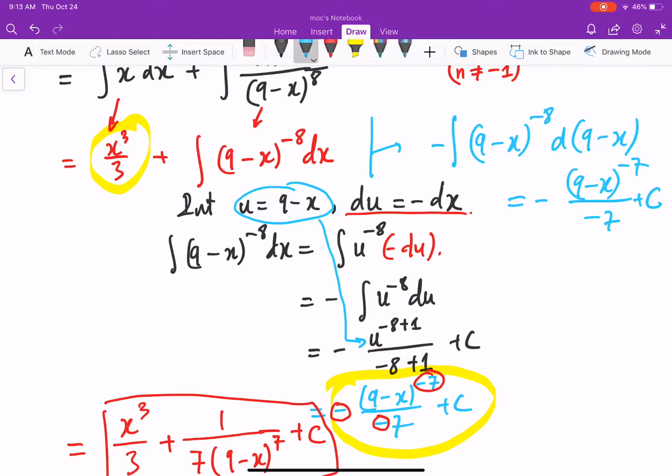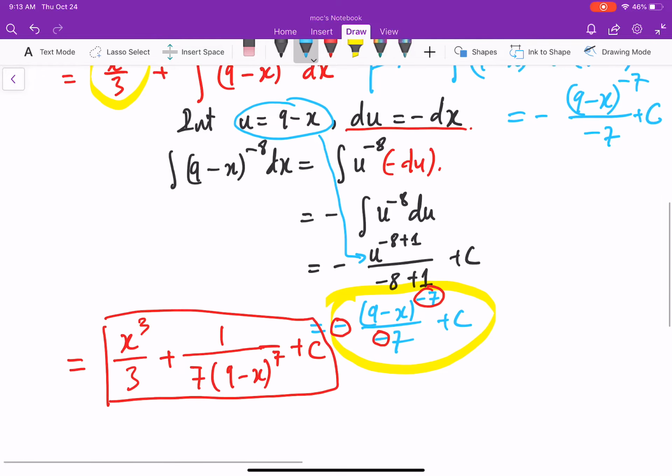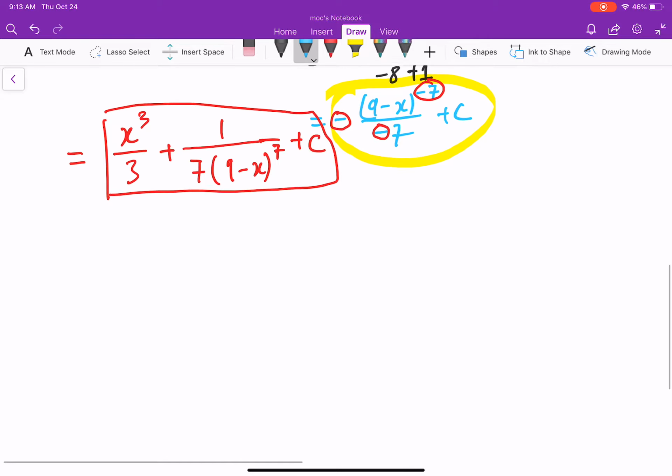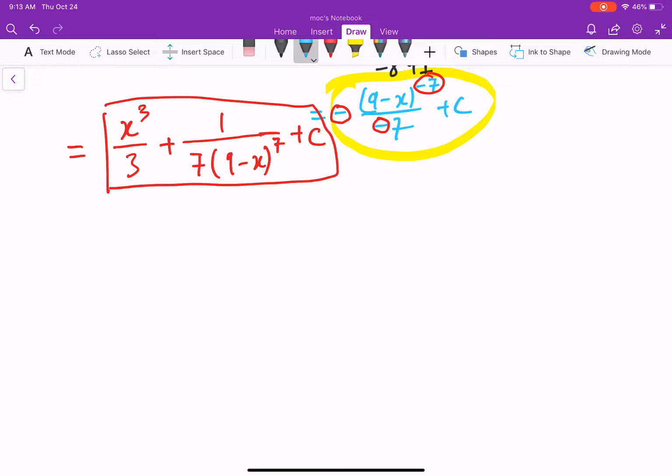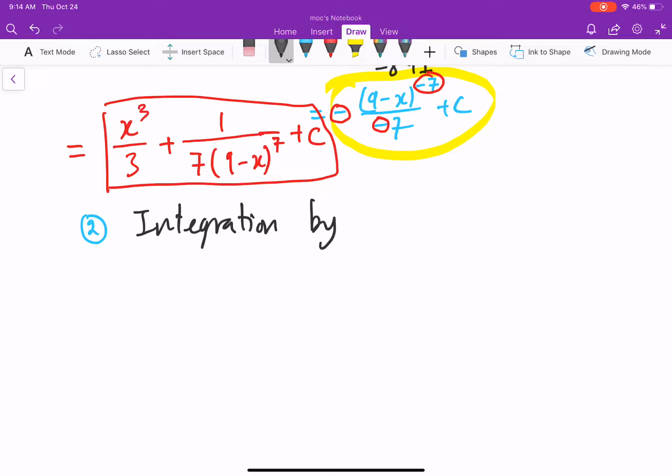Okay, now let's do some problems where we need to use integration by parts. This is the second one, integration by parts. Let me remind you of the general formula: the integral of u dv equals uv minus the integral of v du.